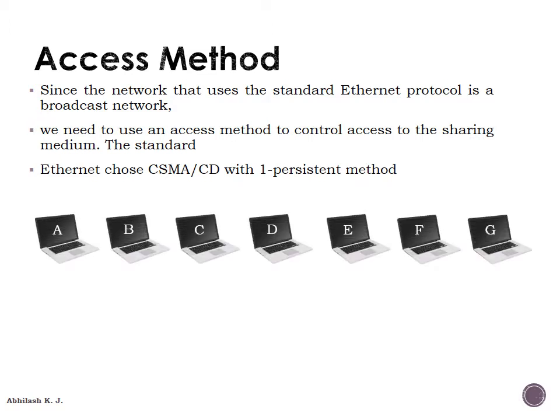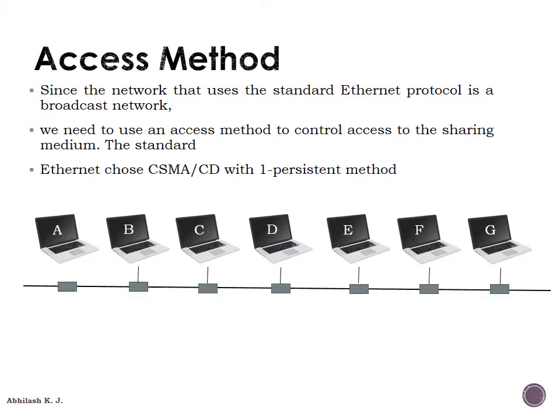So we have considered a LAN network with a bus topology using a coaxial cable comprising 7 stations in this example. Here, one station, station A, wants to communicate to station D. We'll consider how exactly the access method is implemented in this particular example.